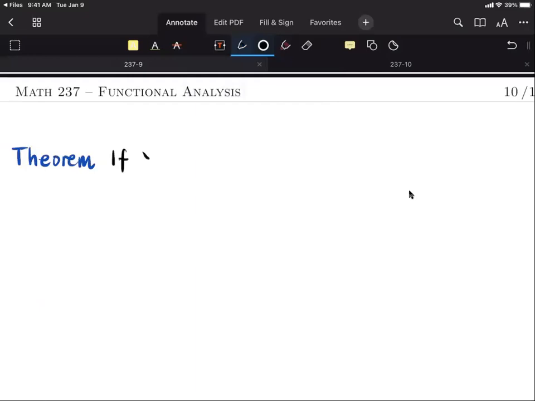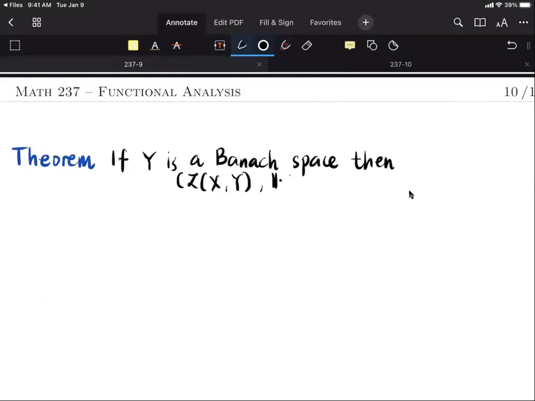Now, if Y is a Banach space, then the set of linear operators equipped with the operator norm is also a Banach space.